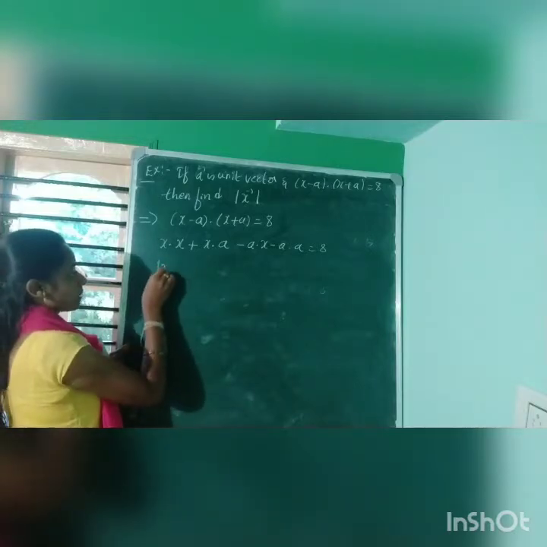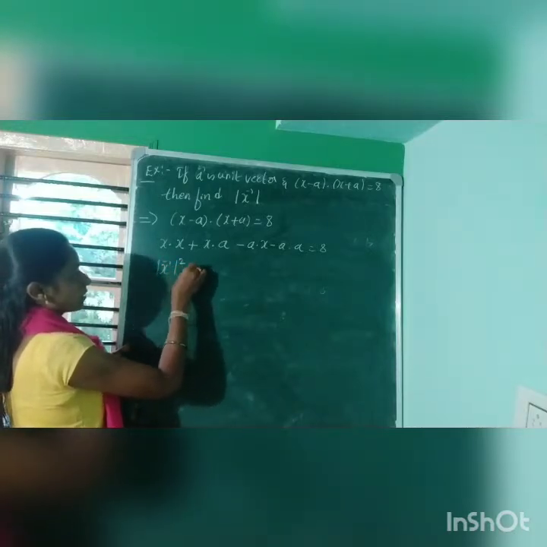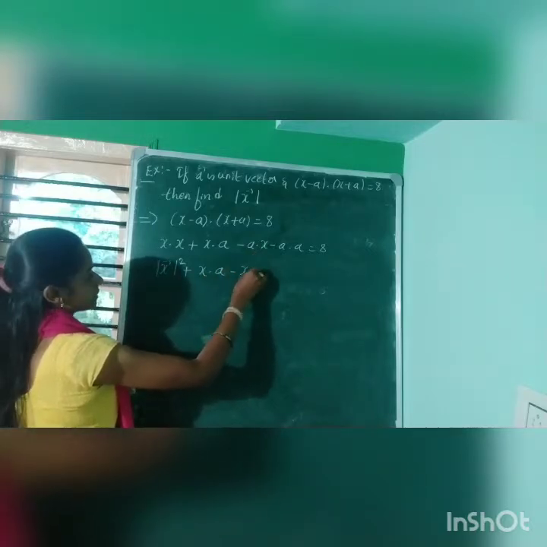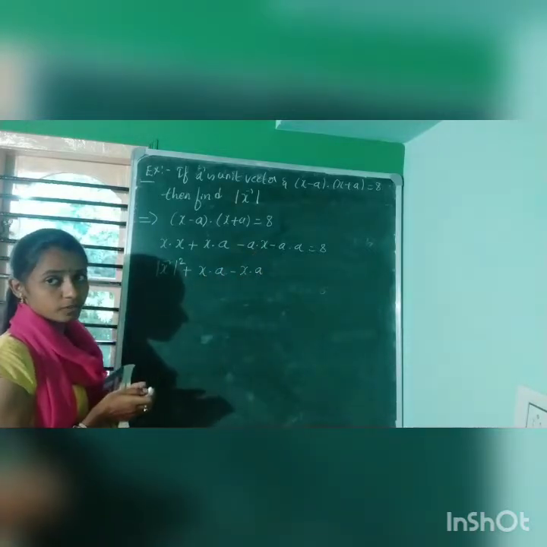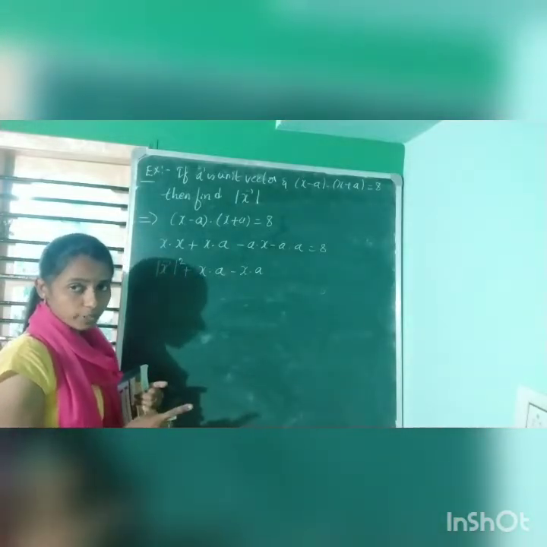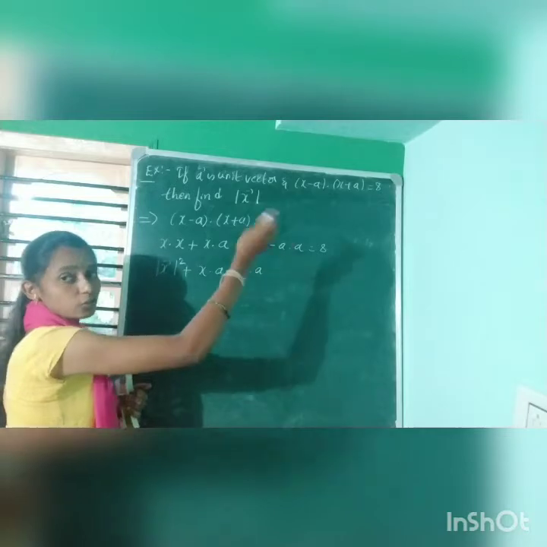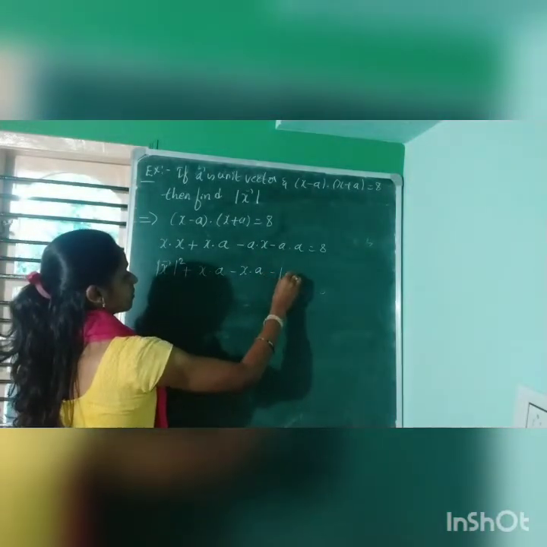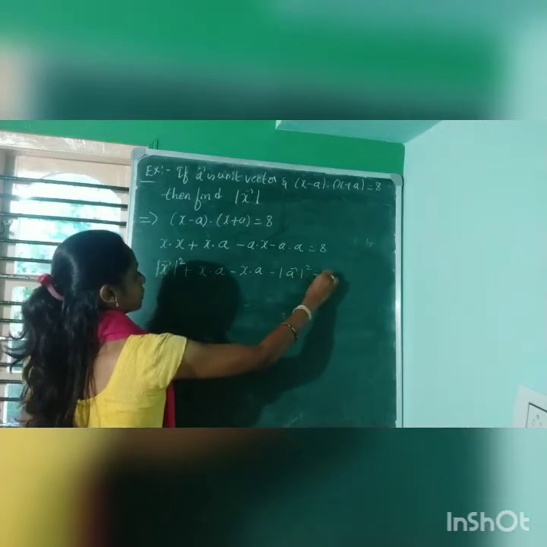We can write this as magnitude of x whole square, and this is x dot A, minus, this is also we can write x dot A. The sign doesn't change, as I said it is commutative, hence A dot x can also be written as x dot A, and this is magnitude of A whole square is equal to 8.